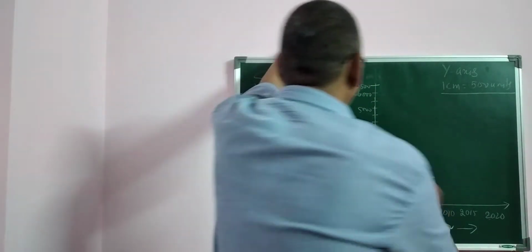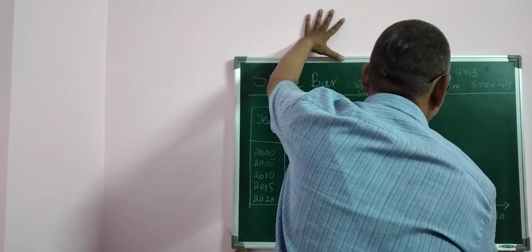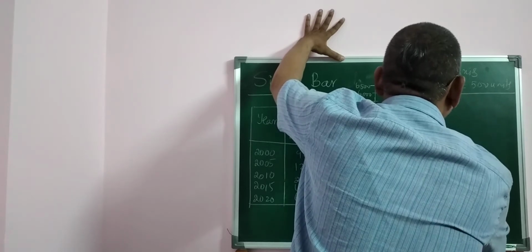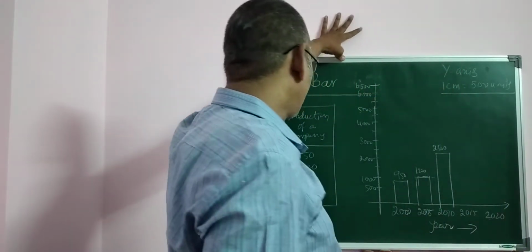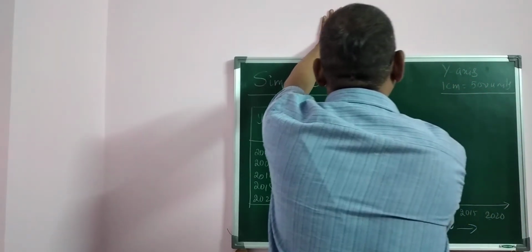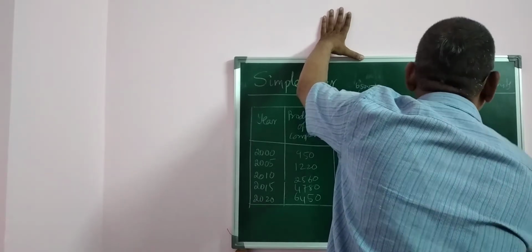And then 2560. So it is 2500, here it is. 2,560, and then 4,780. This is 4,000, 4,500, and here it is somewhere in between. So we can represent it.